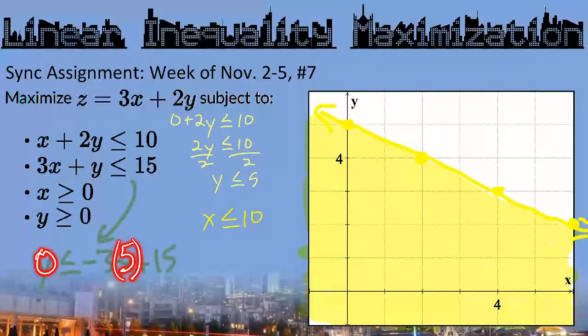When x is 5, y is 0. So I have a point right here. So with a slope of negative 3, that means here's another point, and here's another point. And because there's an equal sign here, that's got to be a solid line.